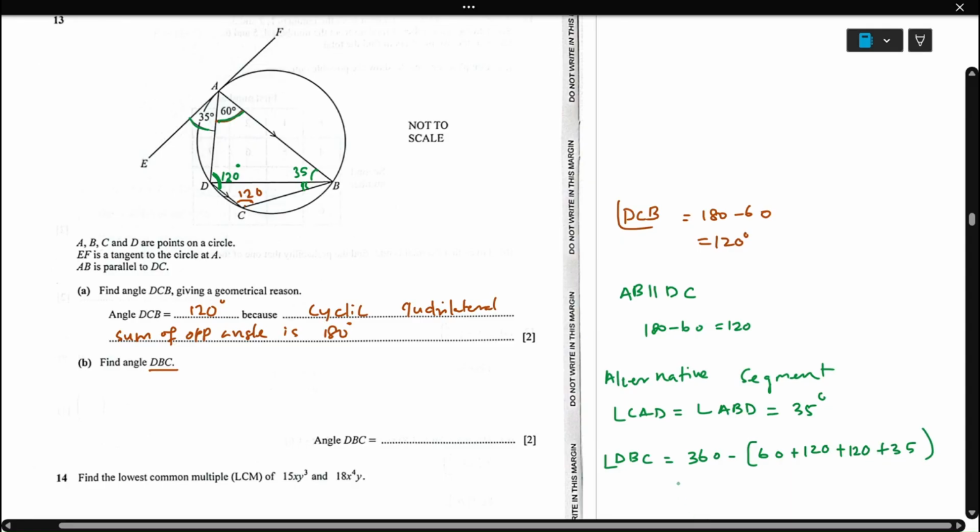When we add up all, we get 120, 120, 240, 240 plus 60, 300, 335, which is going to be 25 degrees. So the answer is 25 degrees.